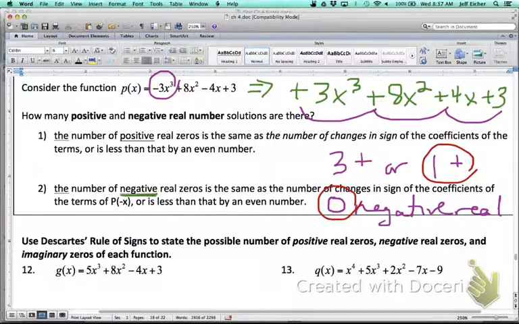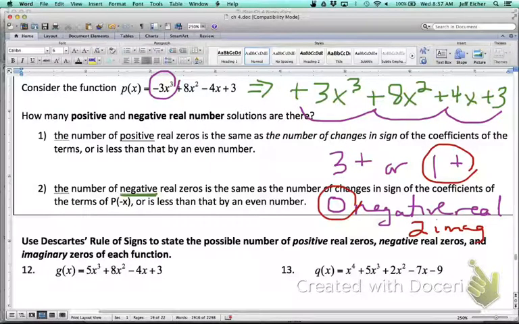How many imaginary solutions must there be? 3 total solutions, 1 positive, 0 negative. That means there must be 2 imaginary solutions. Now, Descartes' rule of signs is pretty cool, but it doesn't tell you what the solutions actually are. It just helps you narrow down your search for what are the solutions.